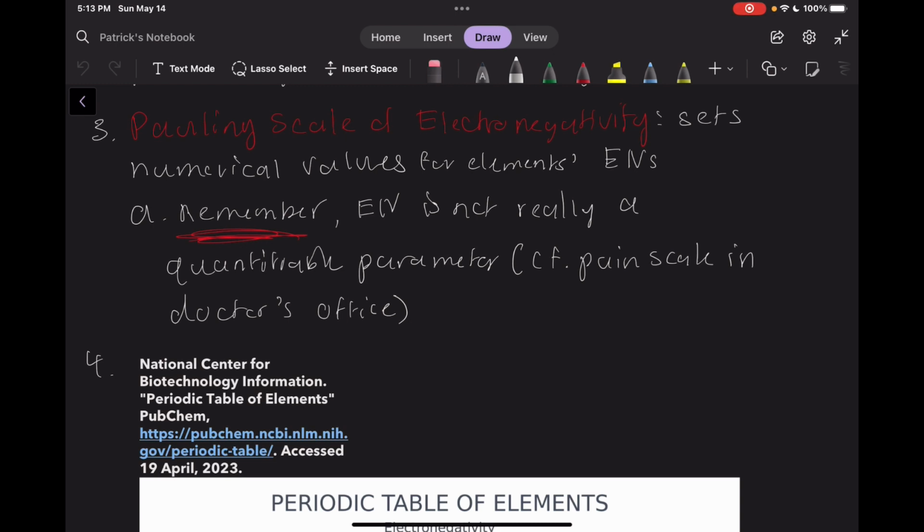If the pain from getting a paper cut is a 1 on the scale, then the pain from burning yourself on a hot pan might be a 5 on the scale, and breaking your arm might be an 8 on the scale, and so on. The Pauling scale works the same way. We can quantify electronegativity by comparing the electronegativity of one element to others.